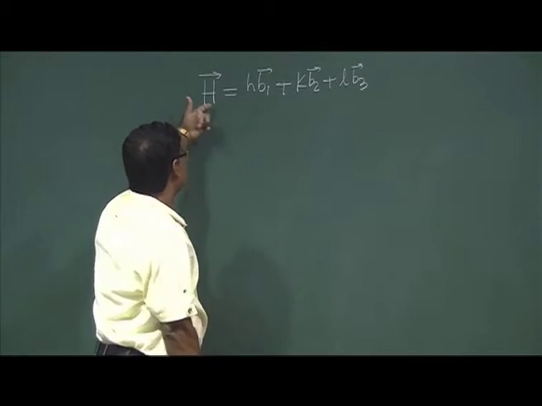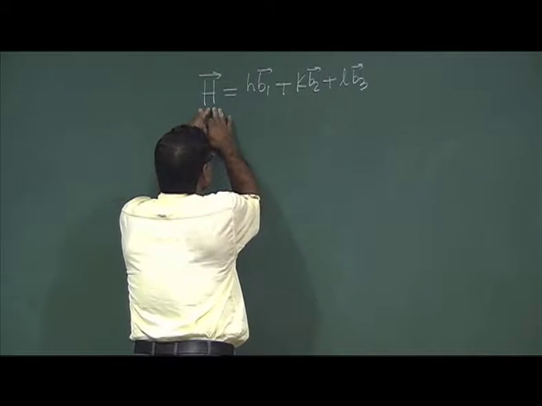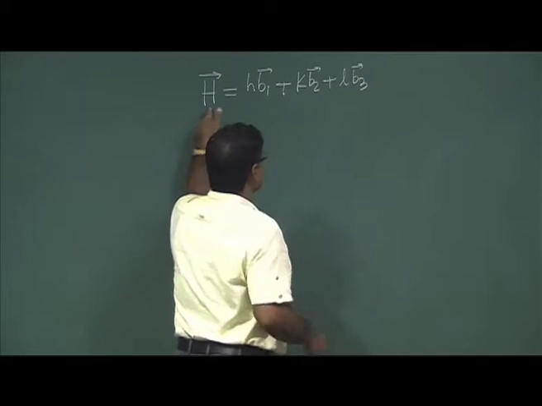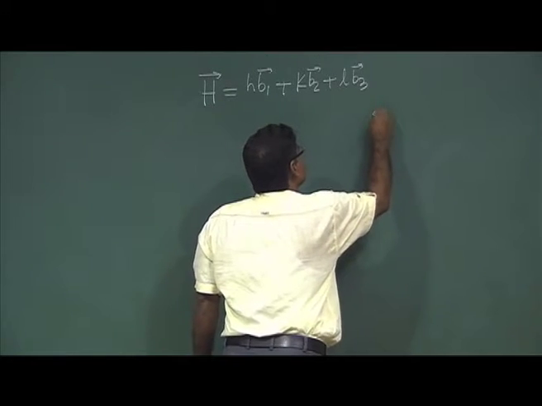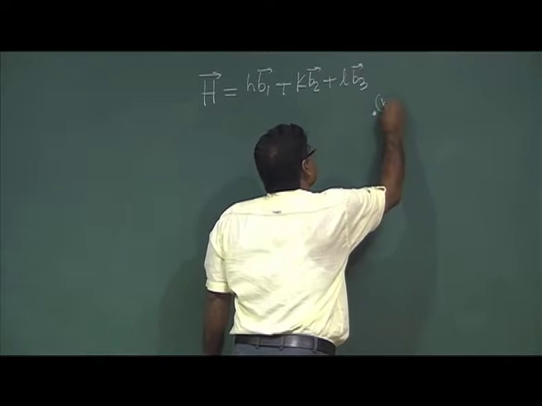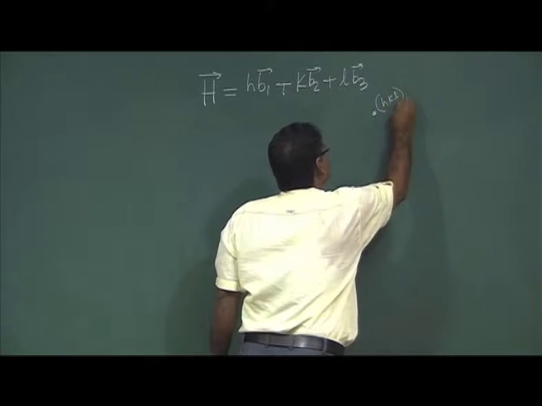And the end of this vector in reciprocal lattice will be represented by this HKL coordinate, right.